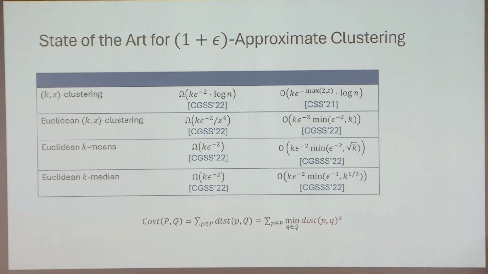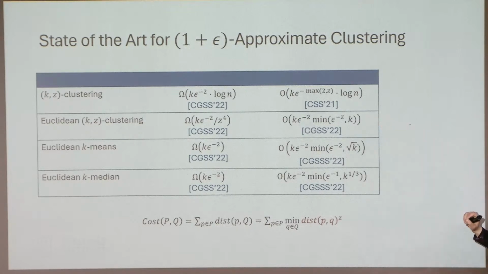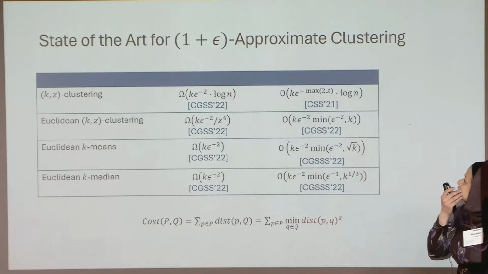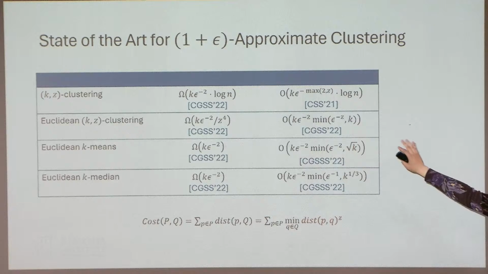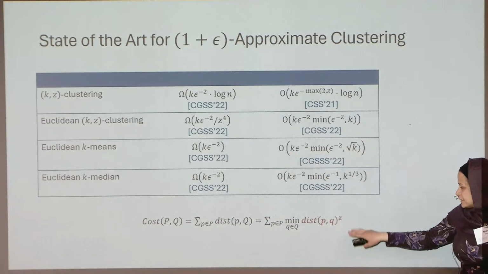Let me just mention the state-of-the-art results for what we know about clustering. I hope I have not missed any new results. So for (k,z) clustering, what is (k,z) clustering?